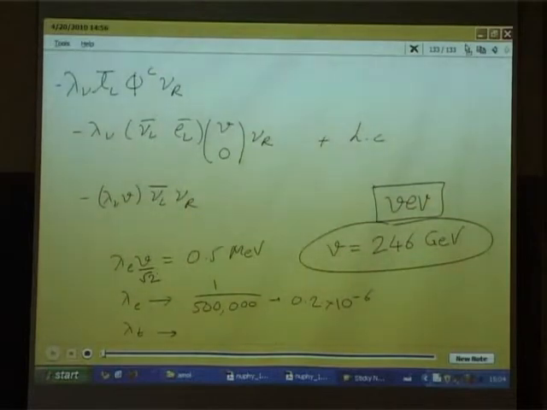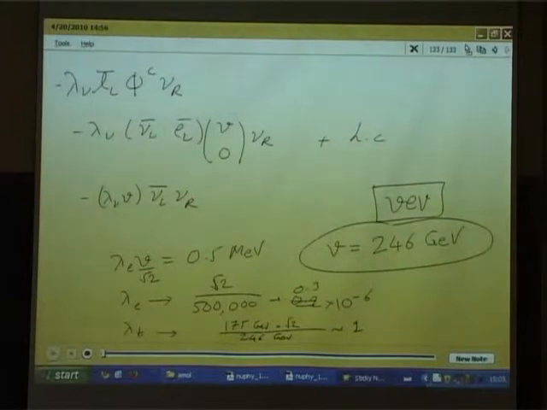So lambda T is 175 GeV times root 2 divided by 246, which actually is very close to 1.